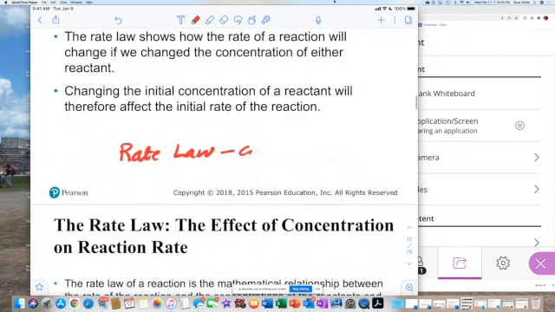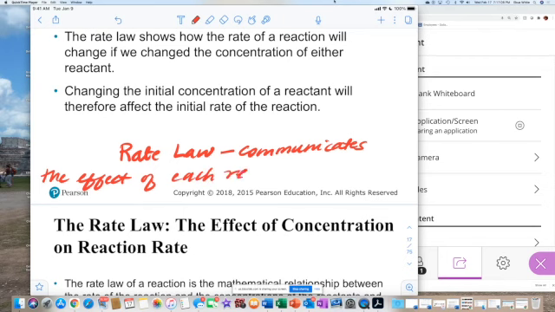The rate law communicates the effect of each reactant on the rate of reaction.